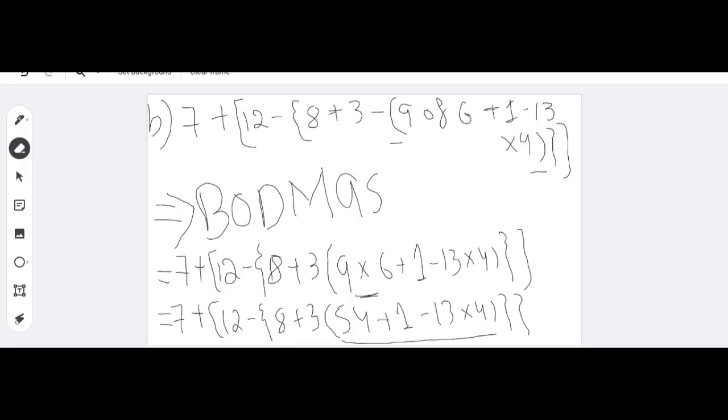Okay, now I can write. You take a screen for it. Yes, is equal to 7 plus square bracket 12 minus curly bracket 8 plus 3.